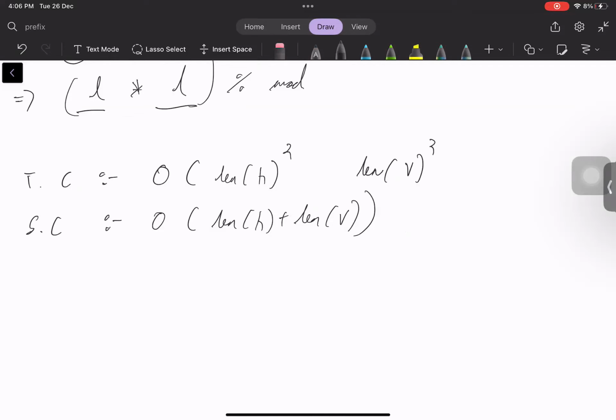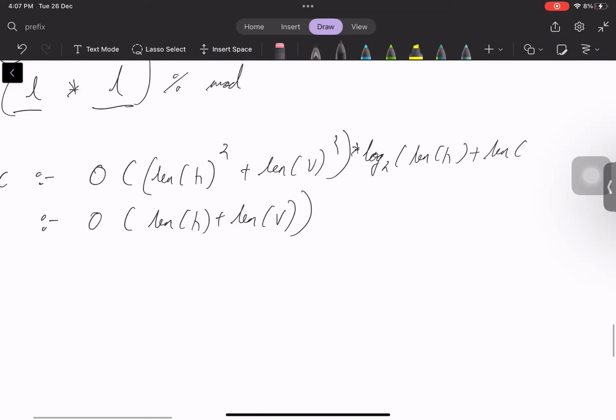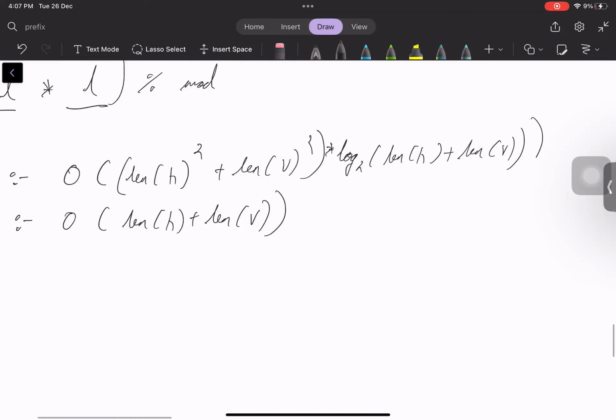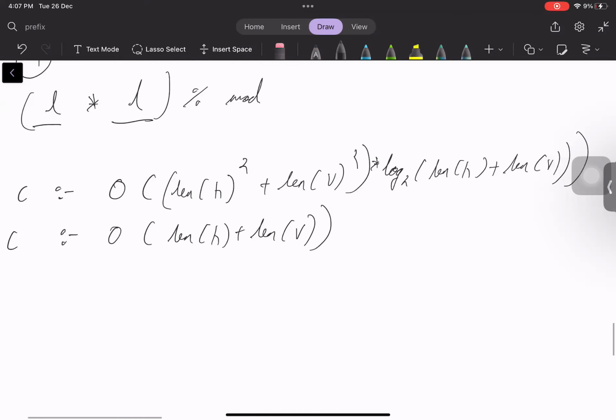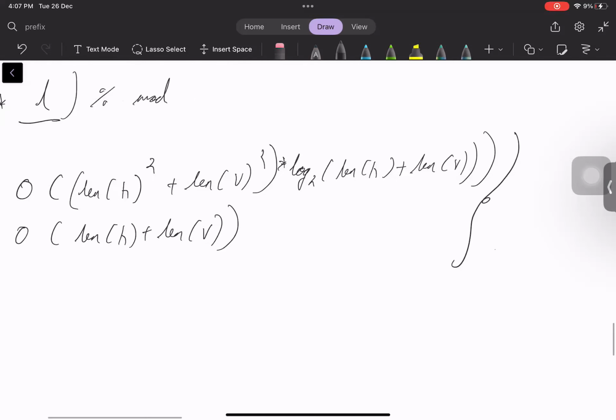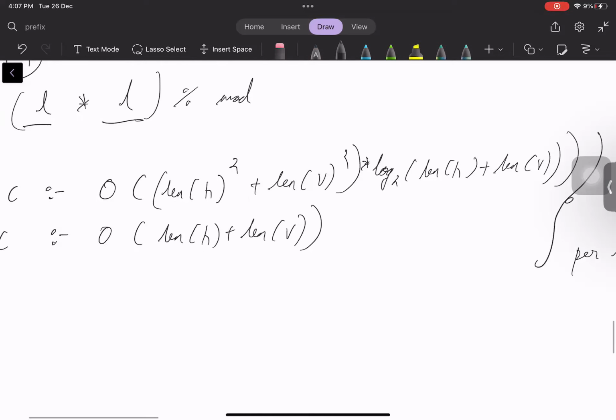Because we use either a map or a set to search in them, there will be a log factor. So we can say this one into log of length of horizontals plus length of verticals will be the time complexity in the worst case. So this is per test case. So this is how we can solve the problem.